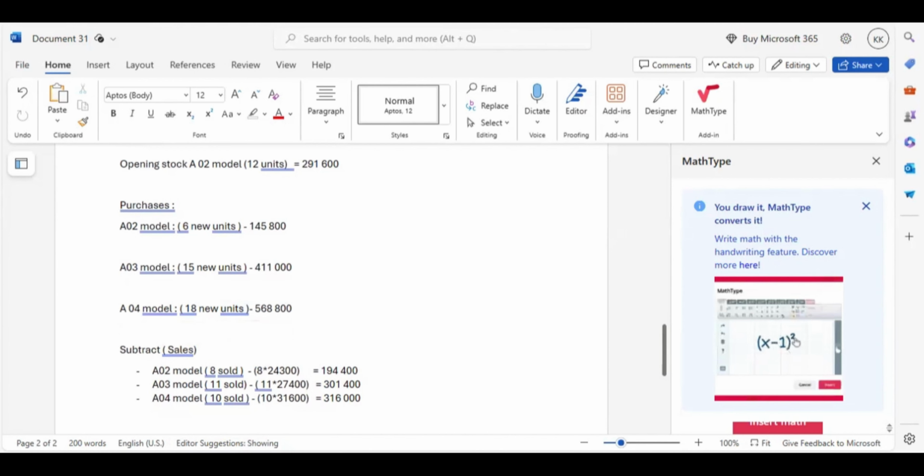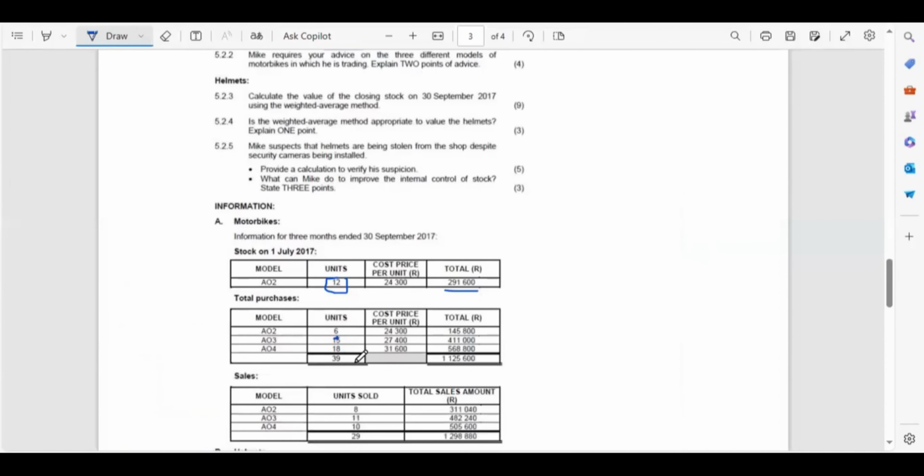Now, let's see with regards to the A04 model. Now, the cost of the A04, right? So the A04, its cost price is 31,600. Now, its selling price is going to be this 505,600.